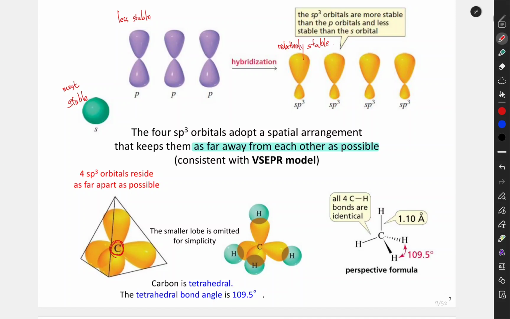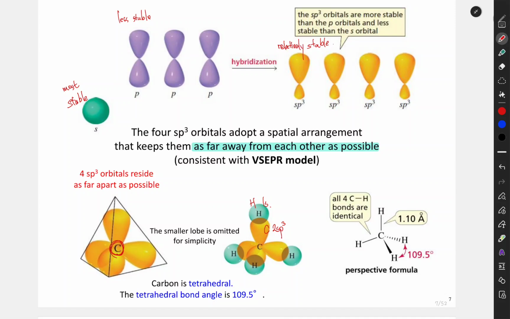And then this is the sp3 overall set from carbon, and you also need to consider the 1s orbital from hydrogen. The 1s orbital from hydrogen and the sp3 orbitals from carbon can form the covalent bond, and that's how you can rationalize the geometry of the methane molecule.